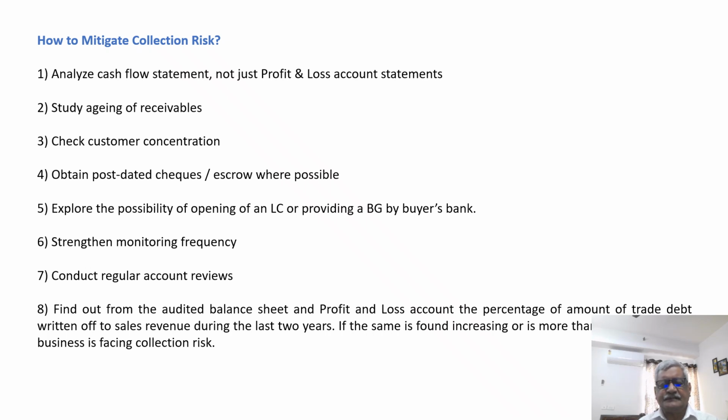Find out from the audited balance sheet and profit and loss account the percentage of amount of trade debt written off to sales revenue during the last 2 years. If the same is found increasing or is more than 5%, the business is facing collection risk.